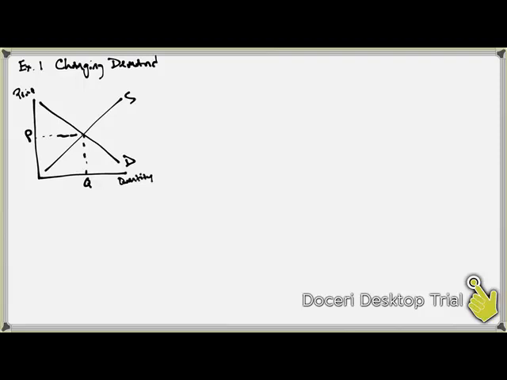Let's say this is our scenario: find how price and quantity will change for Doritos.